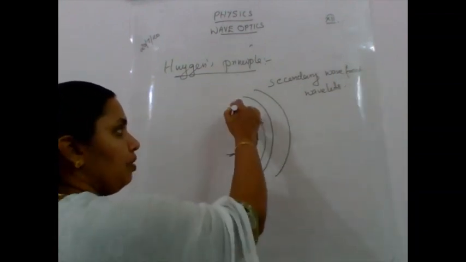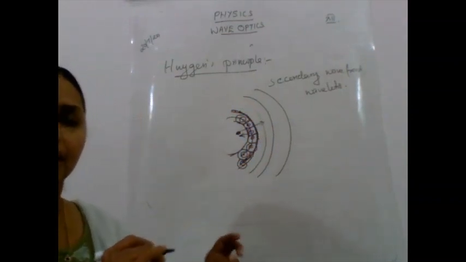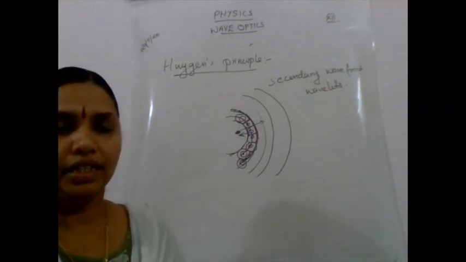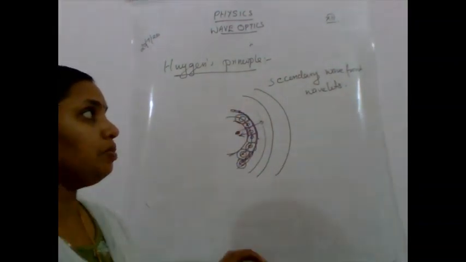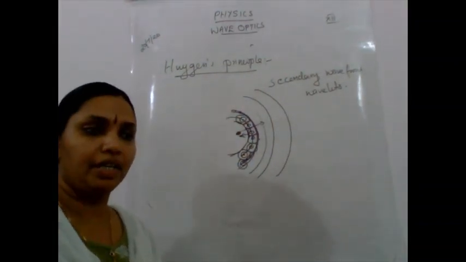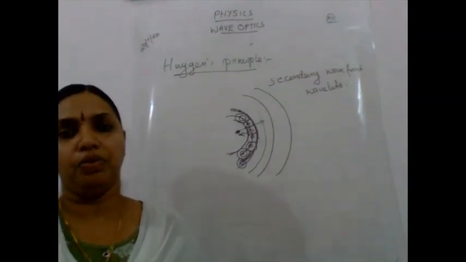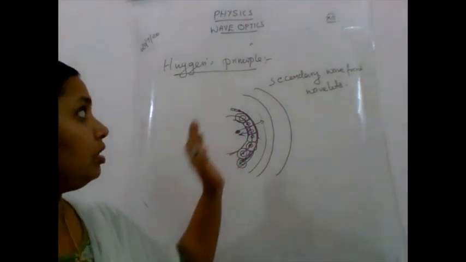So we will consider the forward envelope only, and that will be the next wavefront at the later time. Understood? So that is the Huygens principle. Secondary wavelets are originated and they propagate with the same velocity. This is a very important principle in wave optics.